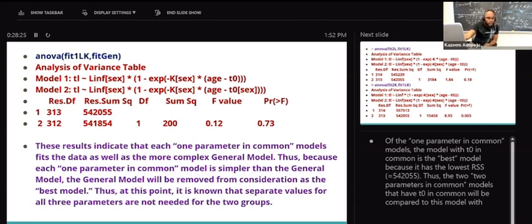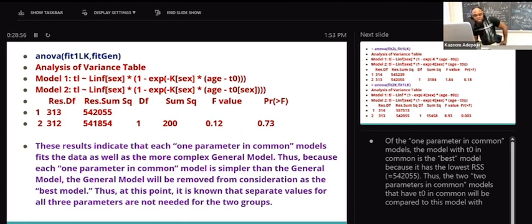Don't forget the complicated general will be in the alternative, while the simpler one will be in the null hypothesis. That was why I said this result indicates that each one-parameter-in-common model fits the data better than the general. You can see we rejected general in the three possible model tests that we did.